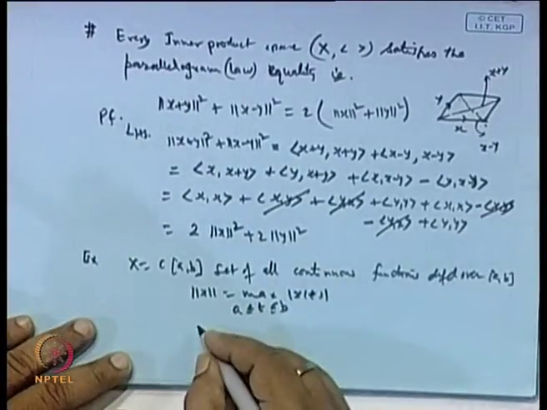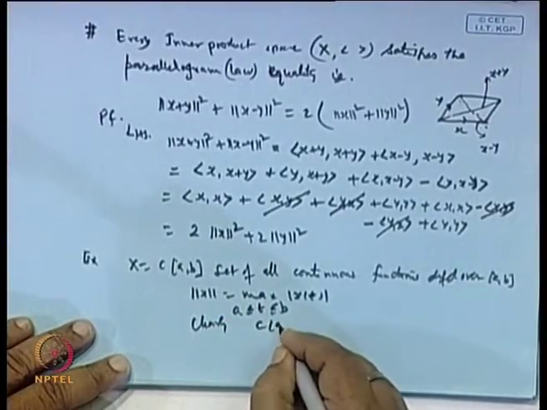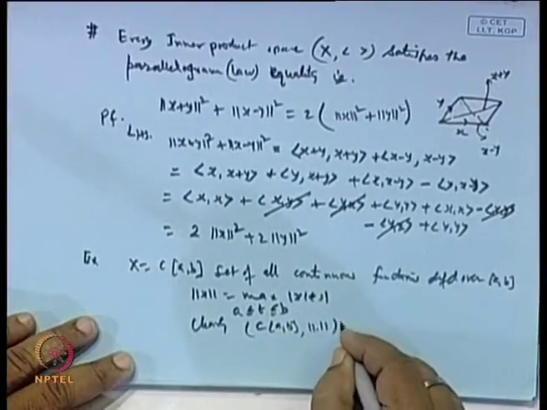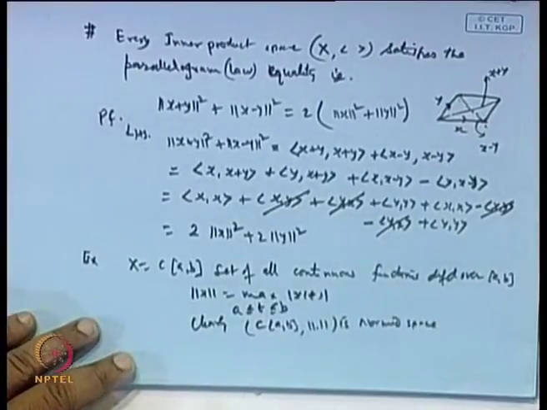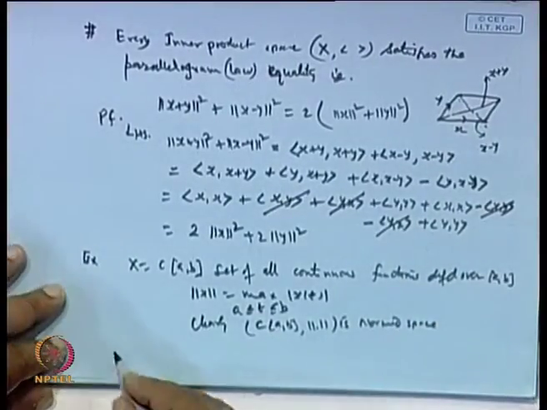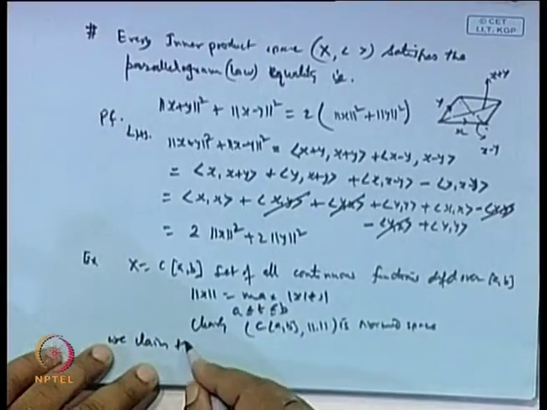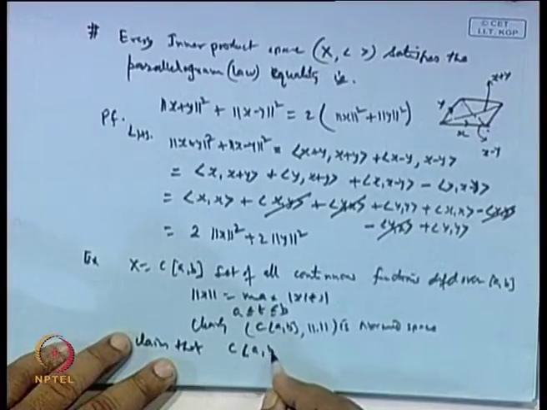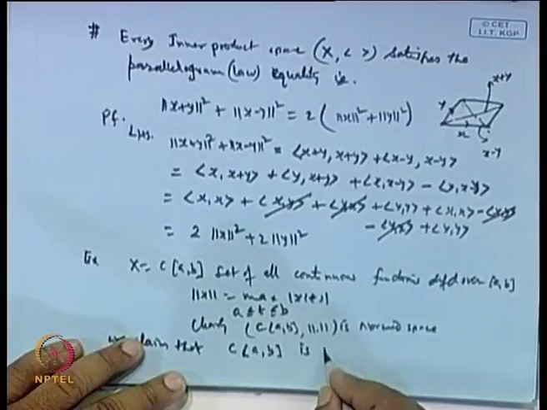So, obviously, C[a,b] with this norm is a norm space. Clear? Now, we claim that C[a,b] is not an inner product space.